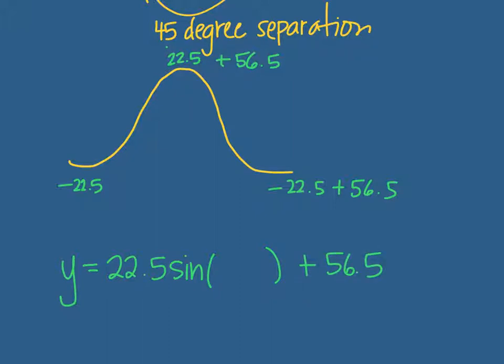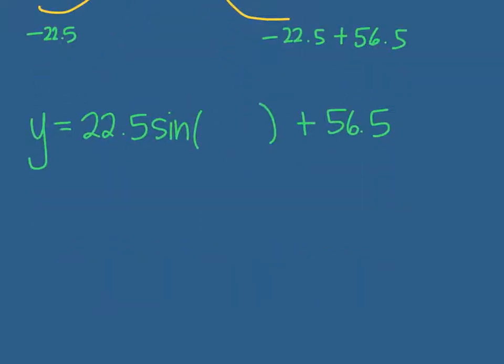Now we have to deal with the parentheses. What is the time period over which this is occurring? A year, which is how many months? 12. So the cycle needs to be 12. So how would you force 2 pi to turn out to be 12?